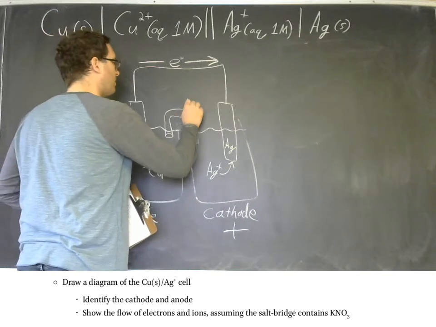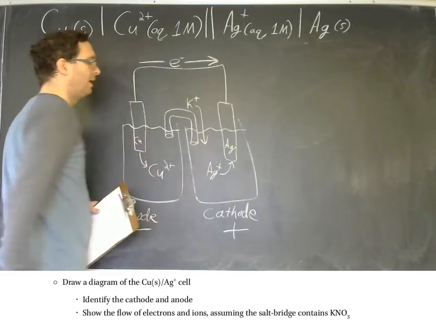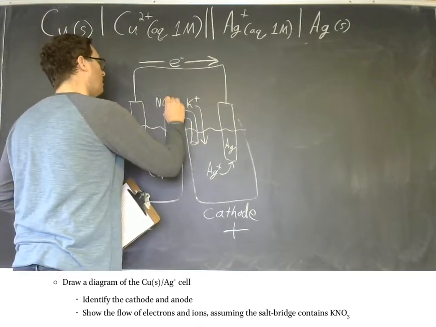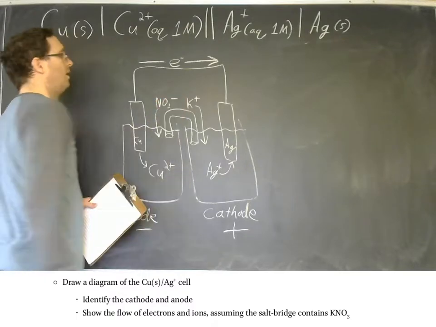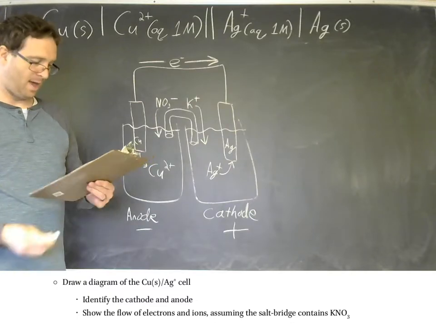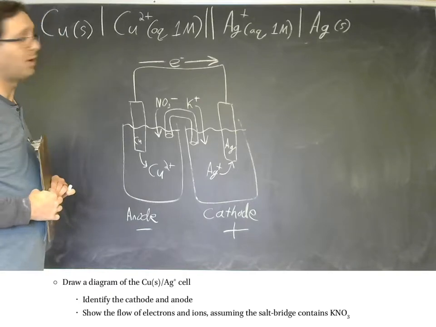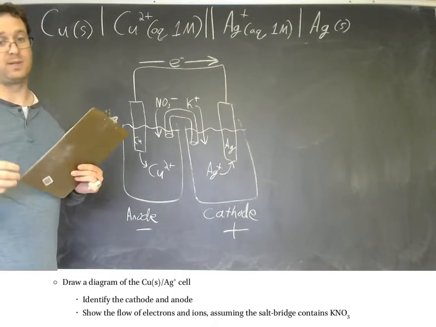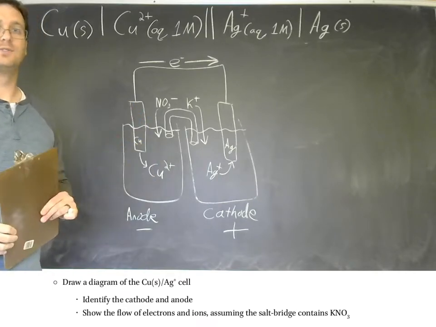So remember that the potassium plus ions are going to flow into the cathode, and the nitrate ions, the anions, are going to flow into the anode. And so that is a diagram showing the voltaic cell that is formed from the oxidation of solid copper and the reduction of silver plus ions.